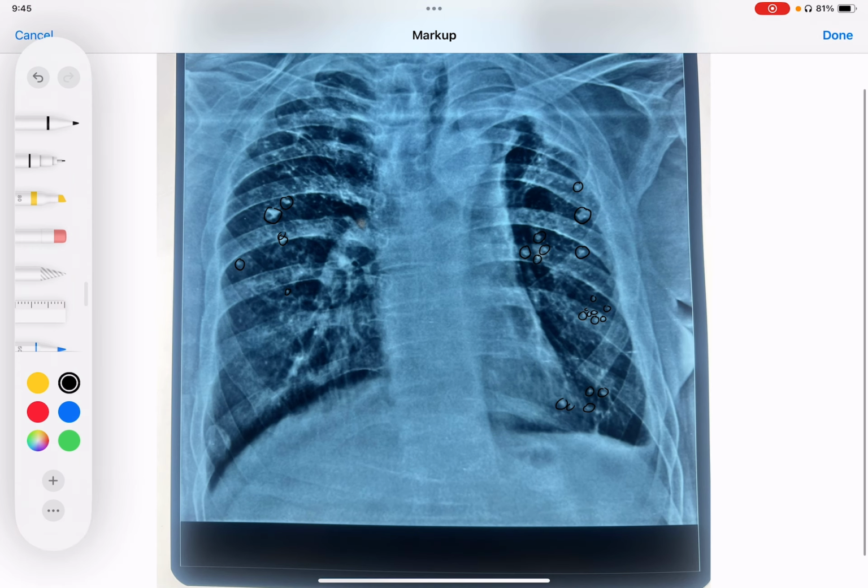Now we know this type of nodular patches in bilateral lung fields is commonly seen in malignancies with metastasis, but in metastasis this type of patches will not be this radio-opaque. This will be more of a soft tissue lesion like this, as this is soft tissue. This is a part of liver, diaphragm, this is part of fat. So this type of nodules will be there in metastasis, and usually mets will have at least one large lesion followed by multiple satellite lesions.